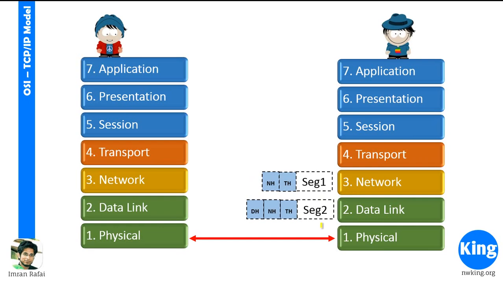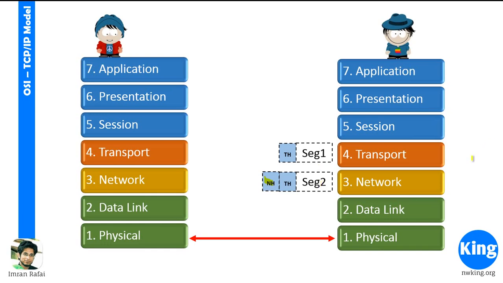So for segment 1, when it goes to the transport layer, this network header will get removed. So if you see there, the network header got removed and it reached the transport layer. Next, the transport layer will wait until it gets all the segments. That's what the transport layer will do. So the transport layer waits until segment 2 comes there.